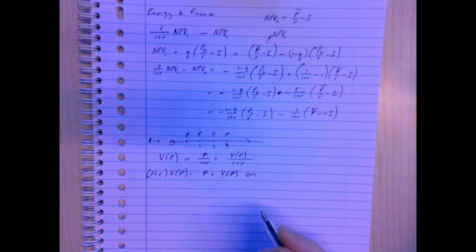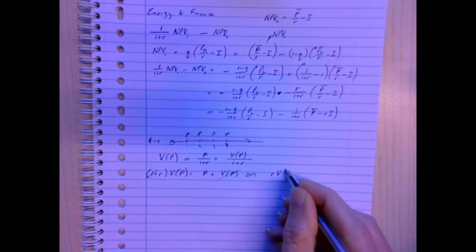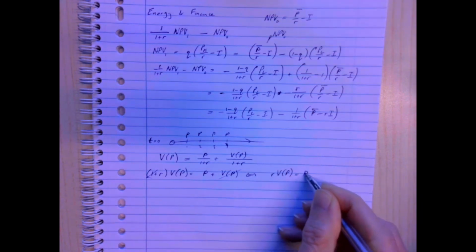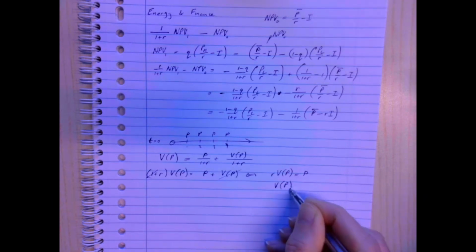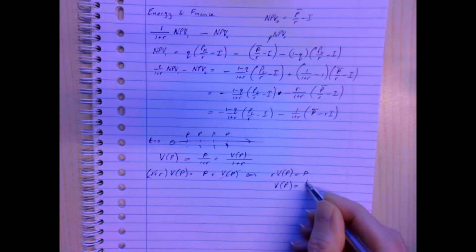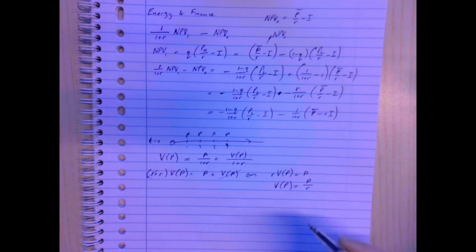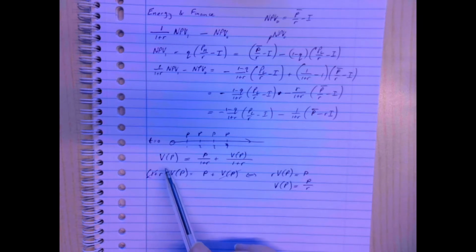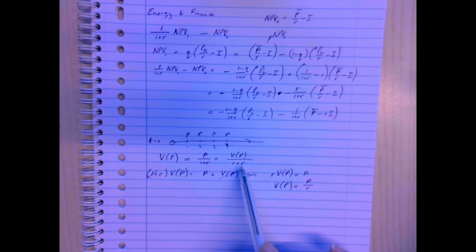Or in other words, what remains here is that R times V of P should equal P. Or in other words, V of P, this function of P, should equal P divided by R. No surprise in terms of that answer, because we knew that should be the result, but what should sort of tickle our interest is the way in which you derive this. So by looking at this value of today as the value of the cash that we get tomorrow plus the continuation value that we get tomorrow or next year.